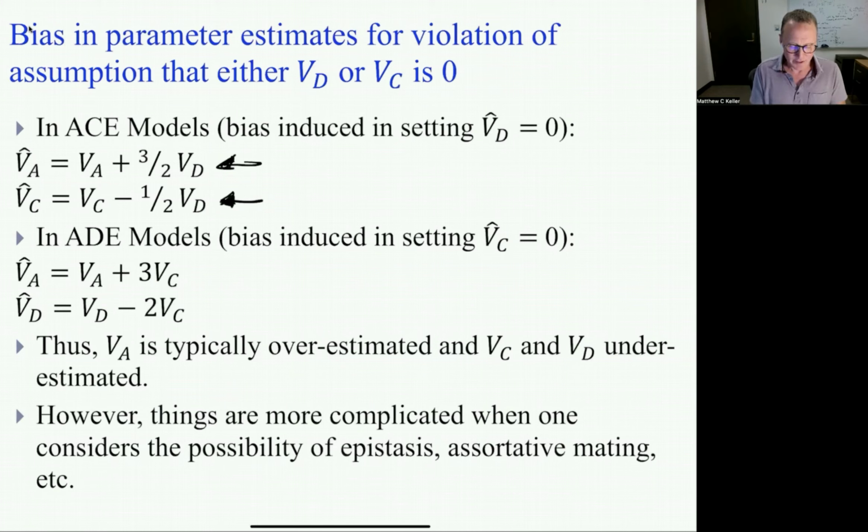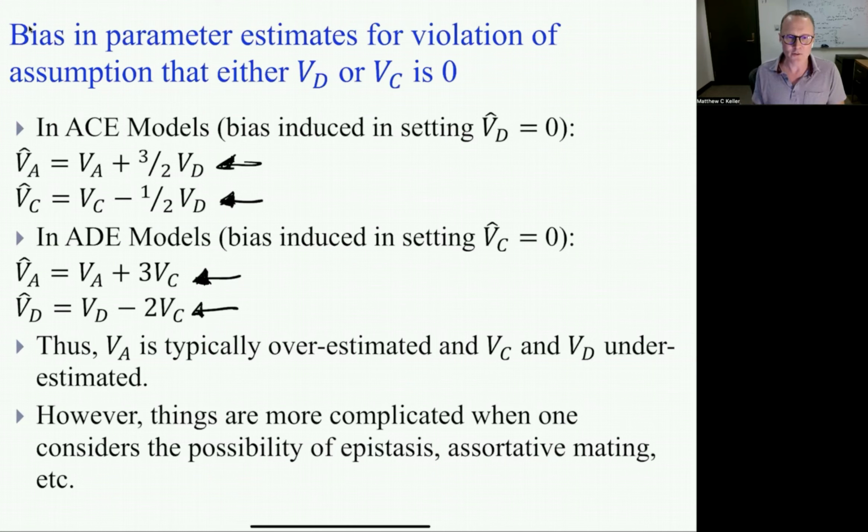In an ADE model, the VA hat will be VA plus 3 times whatever VC is. And in an ADE model, the estimate of VD will be VD minus twice whatever VC is. Thus, VA is typically overestimated and VC and VD typically underestimated in the classical twin design.